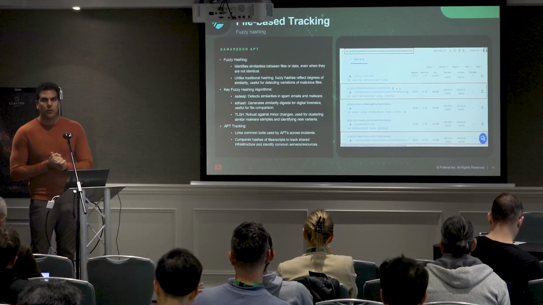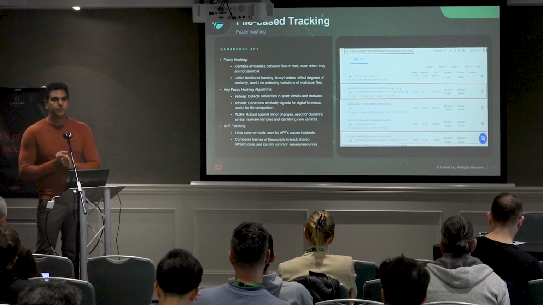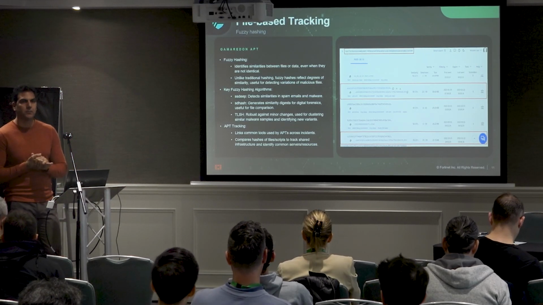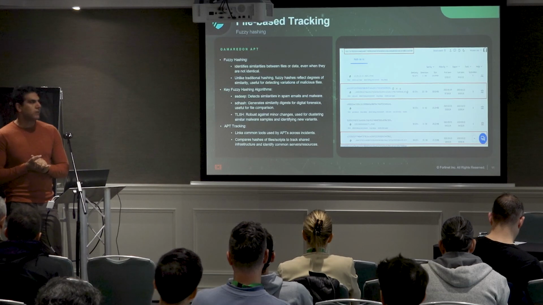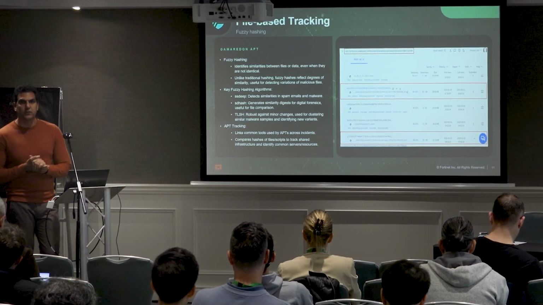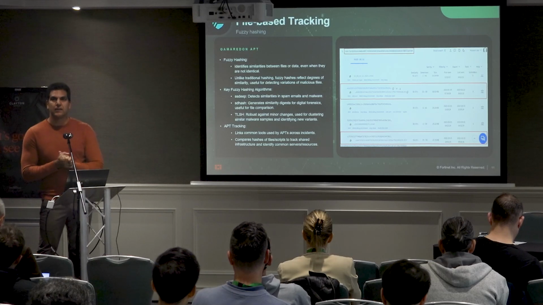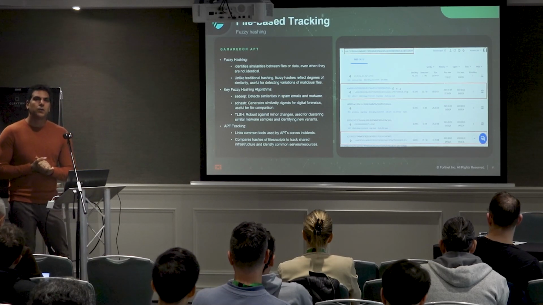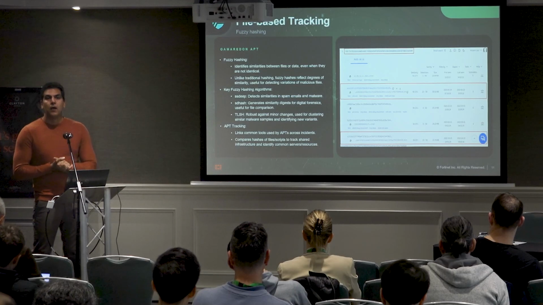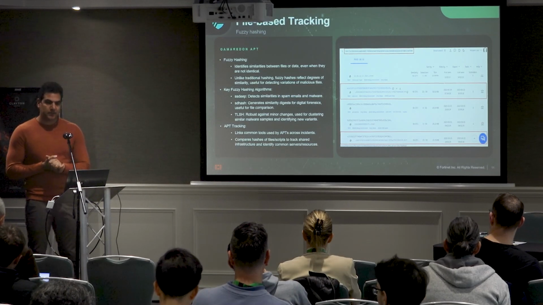SSDEEP, I think, is the oldest one, and was initially introduced to find the similarity between spam campaigns. But the problem with SSDEEP is that when you use it on binaries, it mostly generates a lot of false positives, so you have to spend a significant amount of time trying to filter them out.